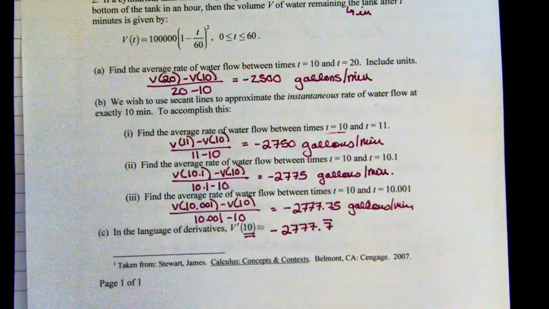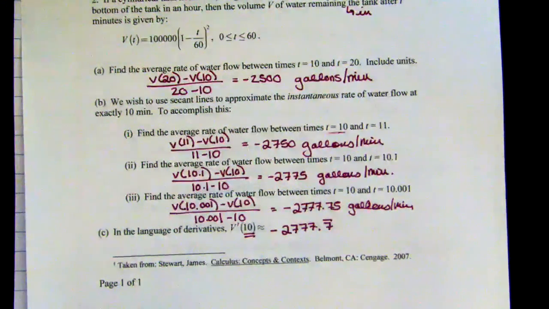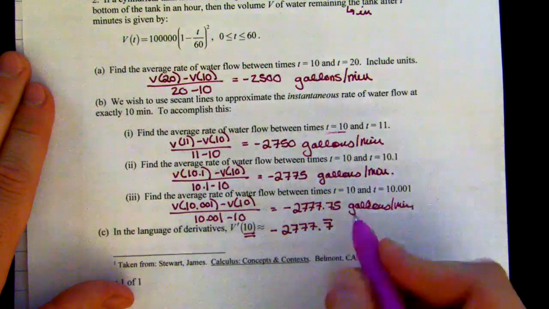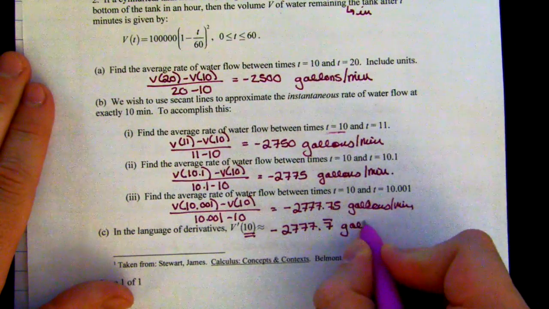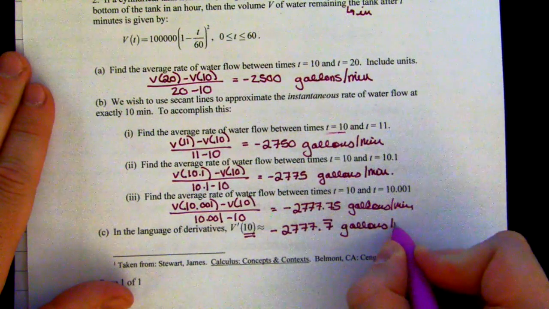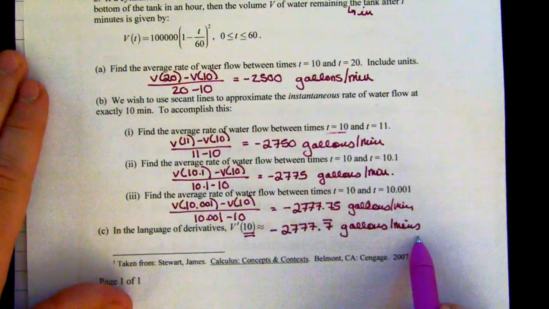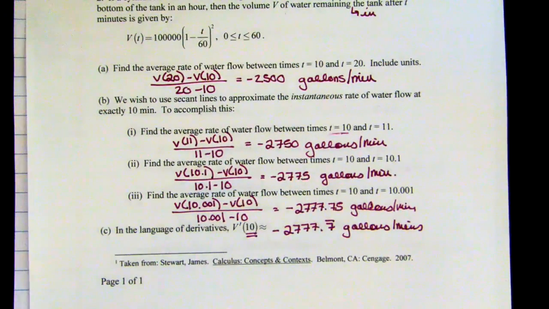If we did between like 10 and 10.00001 and made the interval smaller and smaller, we would see that we would get negative 2,777.7 repeating. Don't worry too much about where I got that number. That's kind of where we're going anyhow in this chapter. But I'm going to say right at time 10, that's the rate of change of the amount of water in the tank. We need to see how to actually calculate this, though, without just using these approximations.